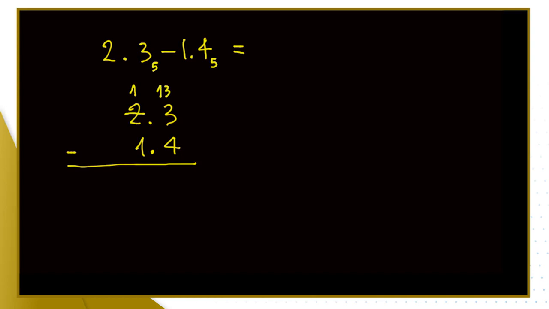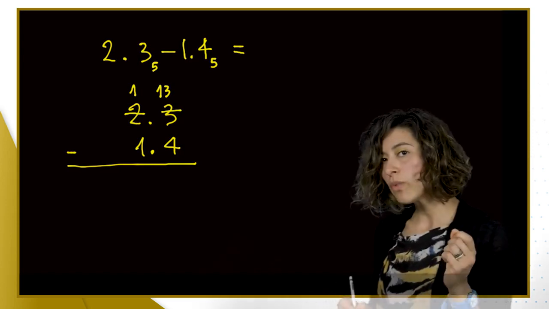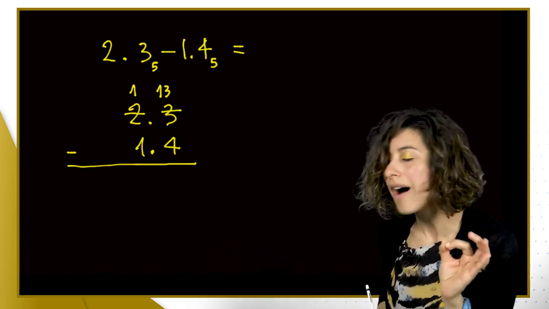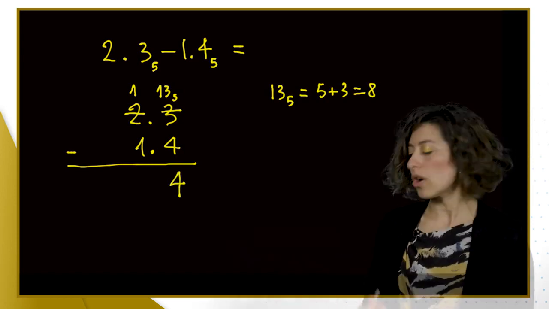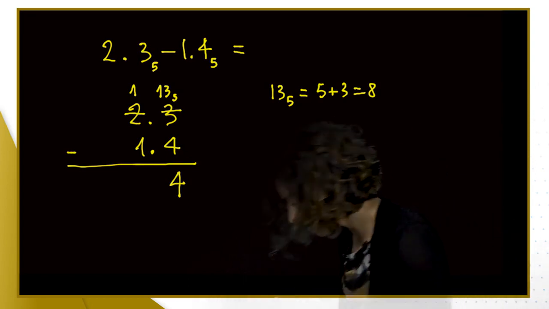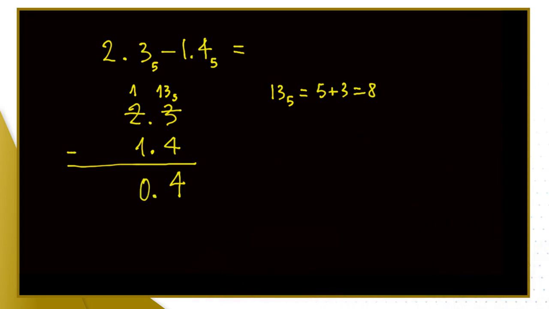So I've got a 1, 3 over there, which is a 1, 3 in base 5. What is that? 1, 3 in base 5 is 5 plus 3, which is 8. So really I'm doing 8 take away 4, which is 4. And now the next column, I've got 1 take away 1, which is 0. And so the result is 0.4 in base 5.